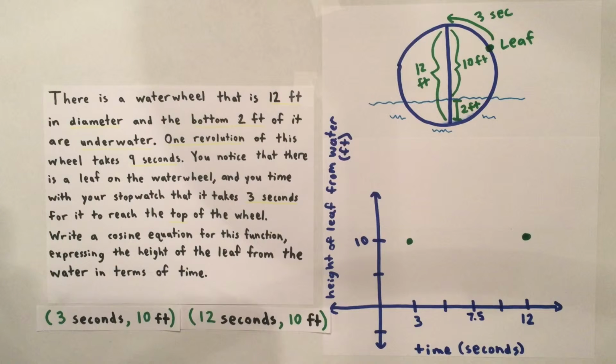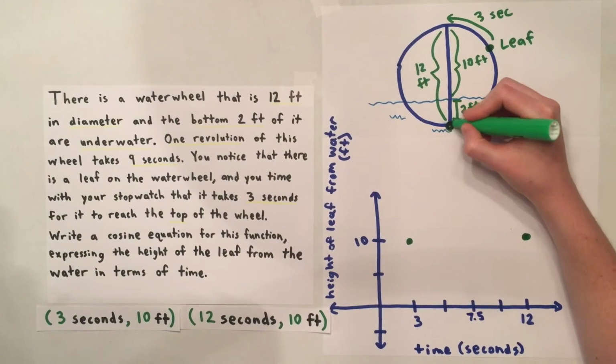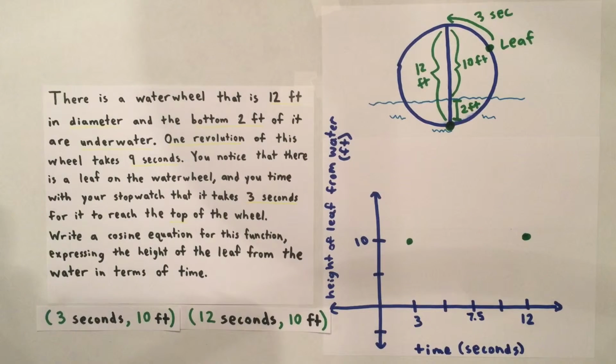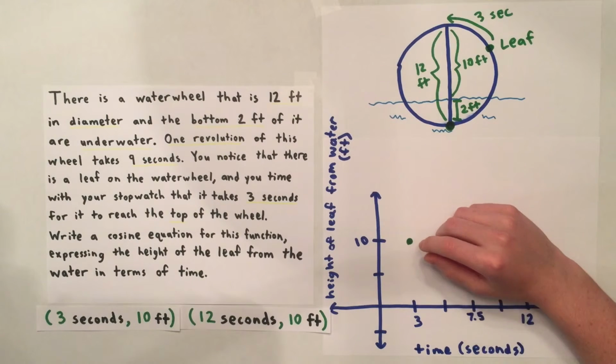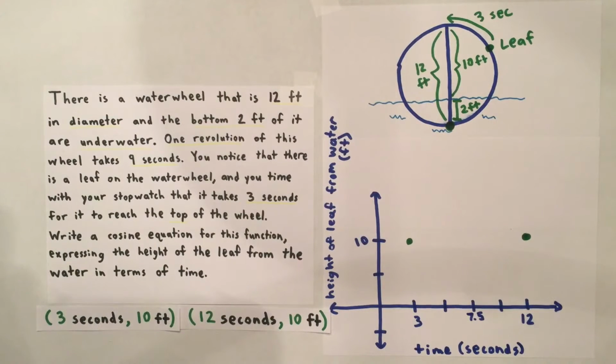We see that the lowest we can go is right here on our drawing. If we look at our label on our graph, we see that the y value is defined as the height from the water. Because our lowest height is 2 feet below the water, its height is -2 feet for our purposes. So, -2 is the y value of our minimum point. And we can add that point to our graph.